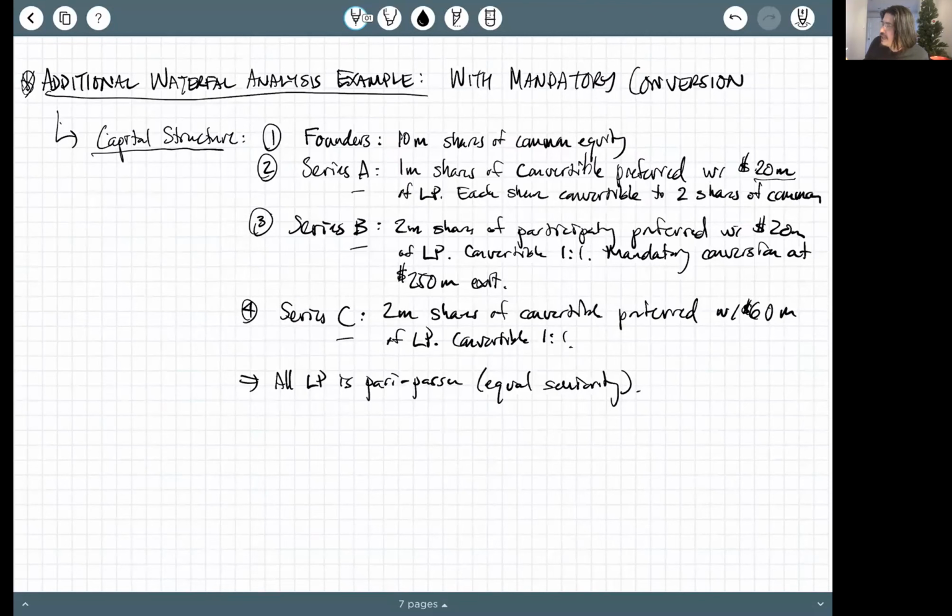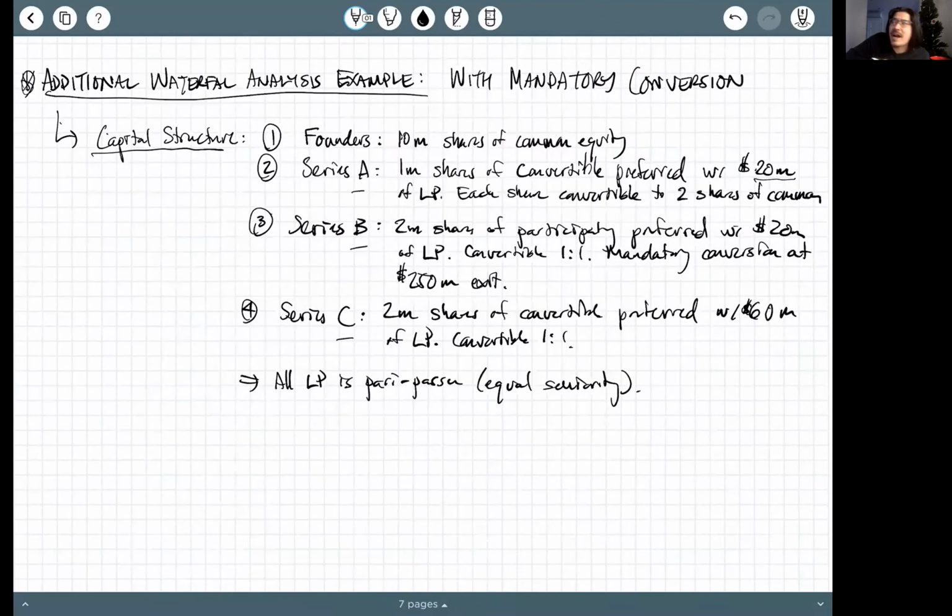What about Series B? Series B, we'll assume there are 2 million shares of participating preferred with, again, I'll quote in dollar terms, $20 million of liquidation preference. These are going to be convertible 1-to-1. So these 2 million preferred shares can be converted into 2 million shares of common equity.